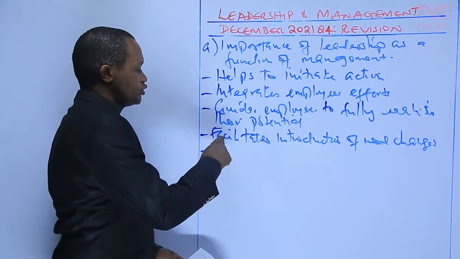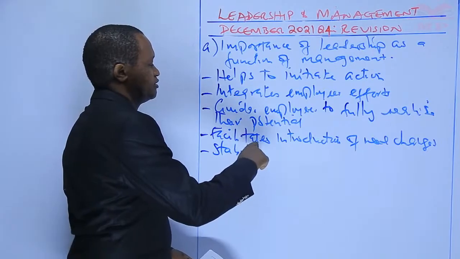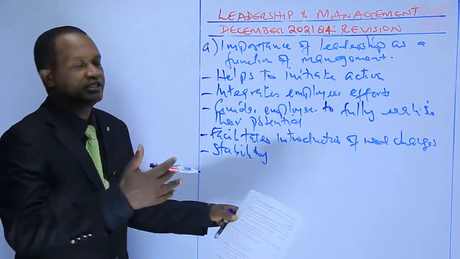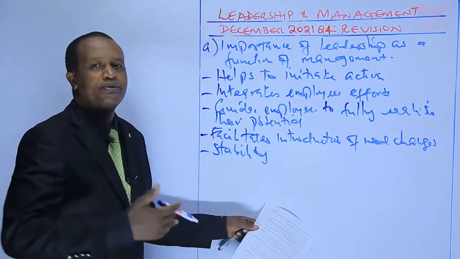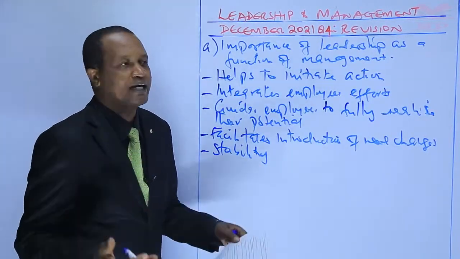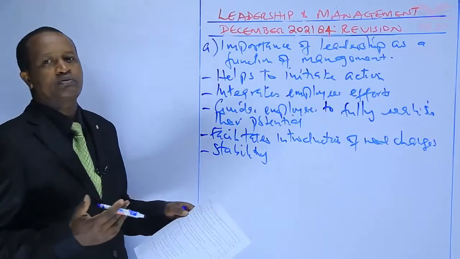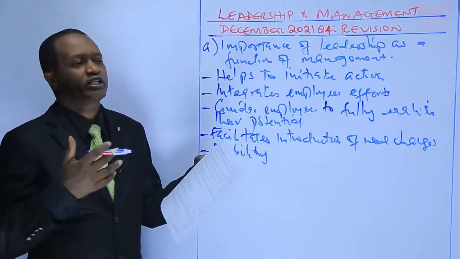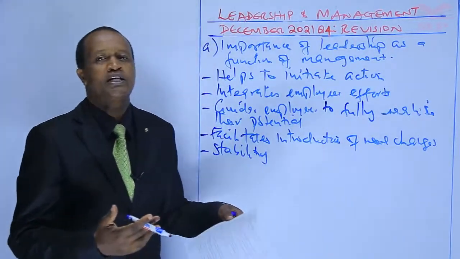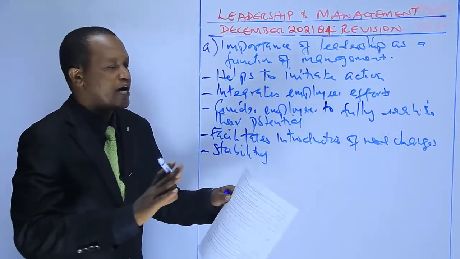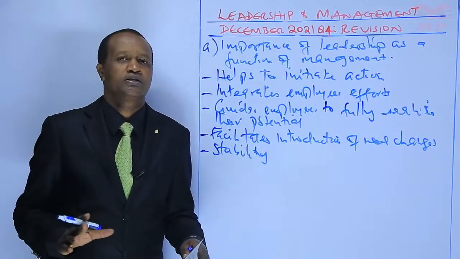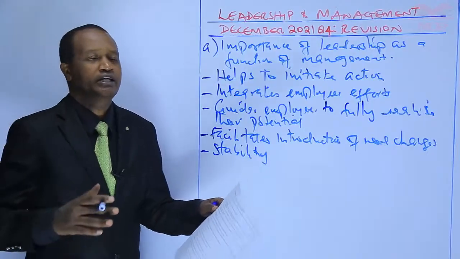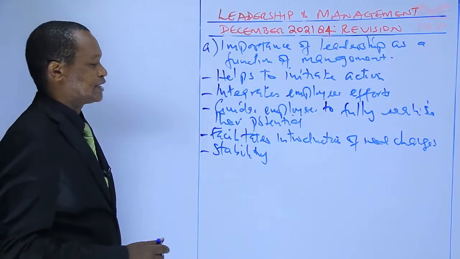Another point is in relation to stability. Effective directing or leading helps to bring stability and balance in the organization. Why? Because it fosters cooperation, it fosters commitment among the people, and helps achieve balance among various groups, various activities and departments.